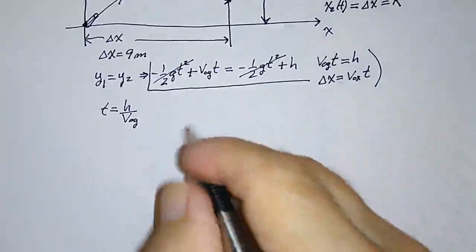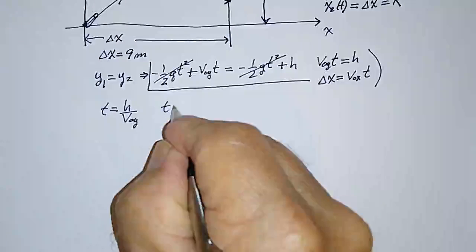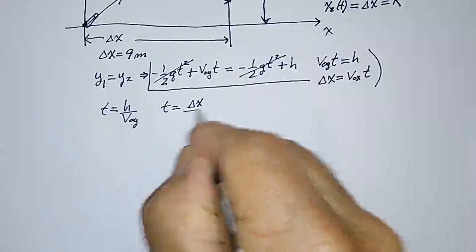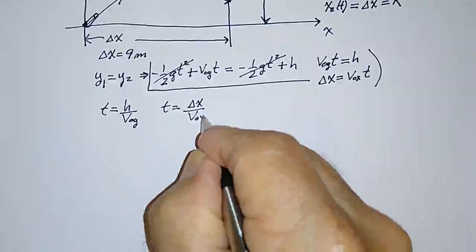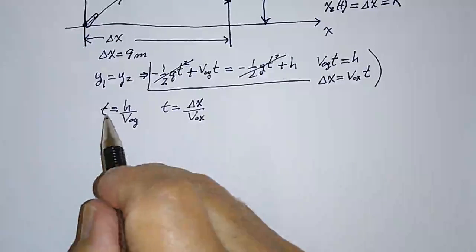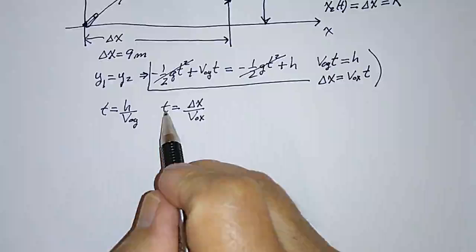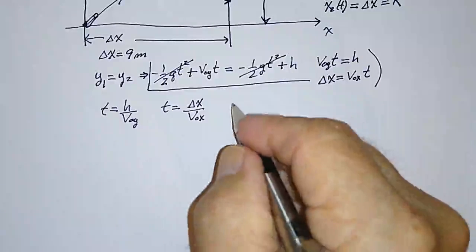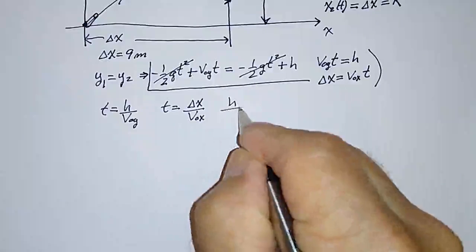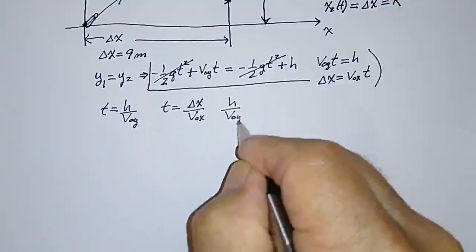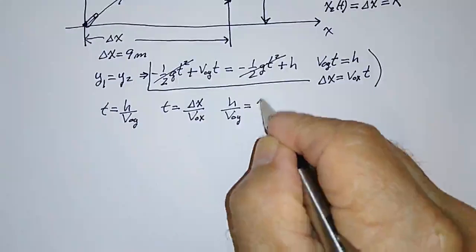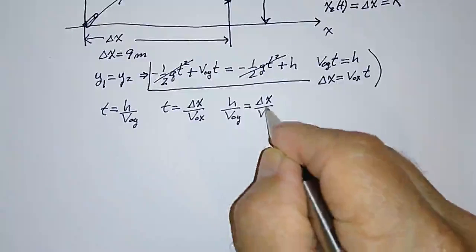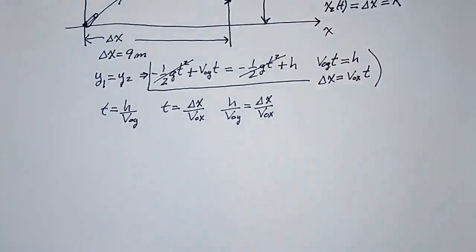And from this equation, I have t is equal to delta x divided by v naught x. So this t is equal to this t when they collide with each other. So I can write that h over v naught y is equal to delta x over v naught x.